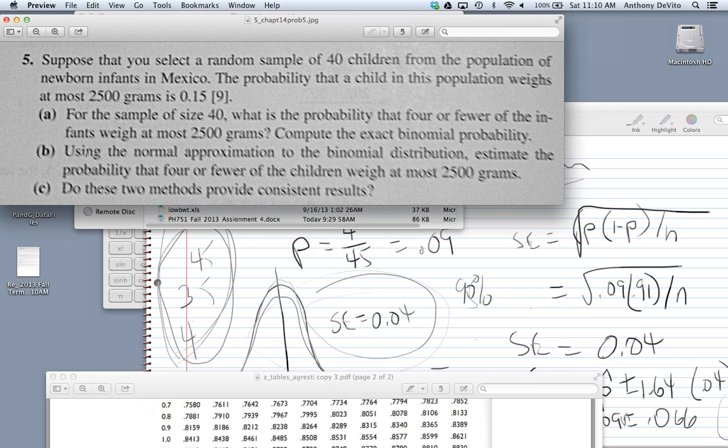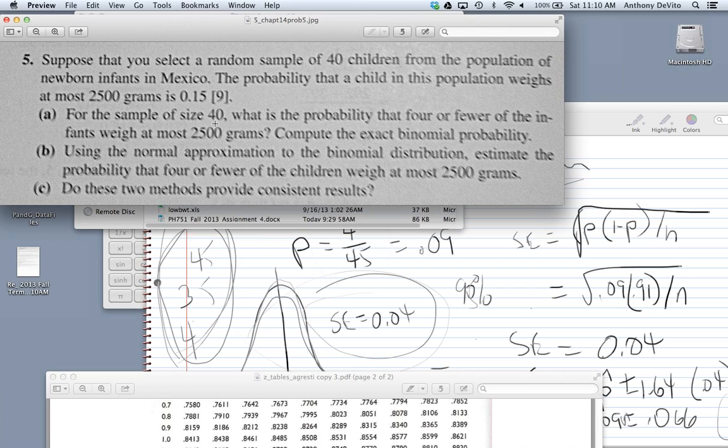In the second part, what they're saying is the probability that a child weighs at most 2,500 grams, in other words weighs 2,500 grams or less, or is underweight at birth, right? The probability is 0.15. P of being underweight at birth is 0.15.